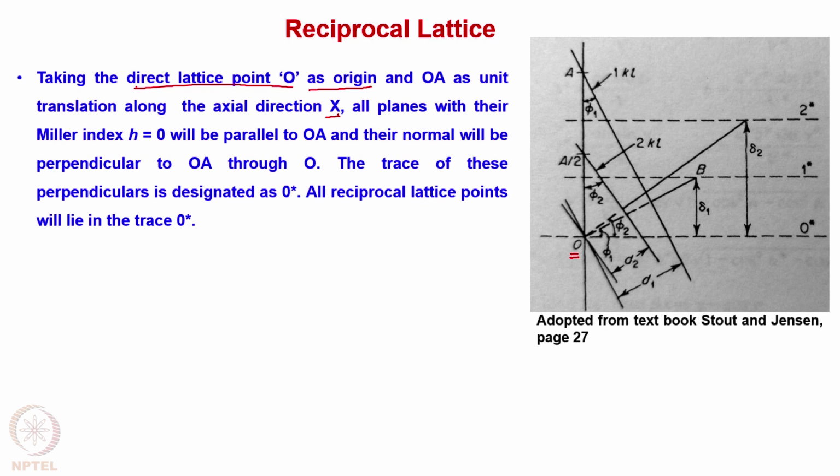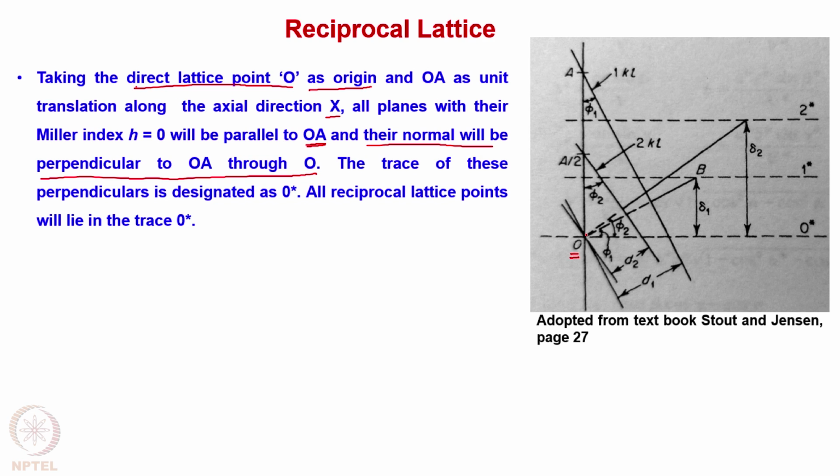So if we have such planes parallel to the x axis, then if we draw a perpendicular from O, their normal will be perpendicular to OA through O. That means the perpendicular that we draw from the origin will be perpendicular to OA, which is along the x-axis.